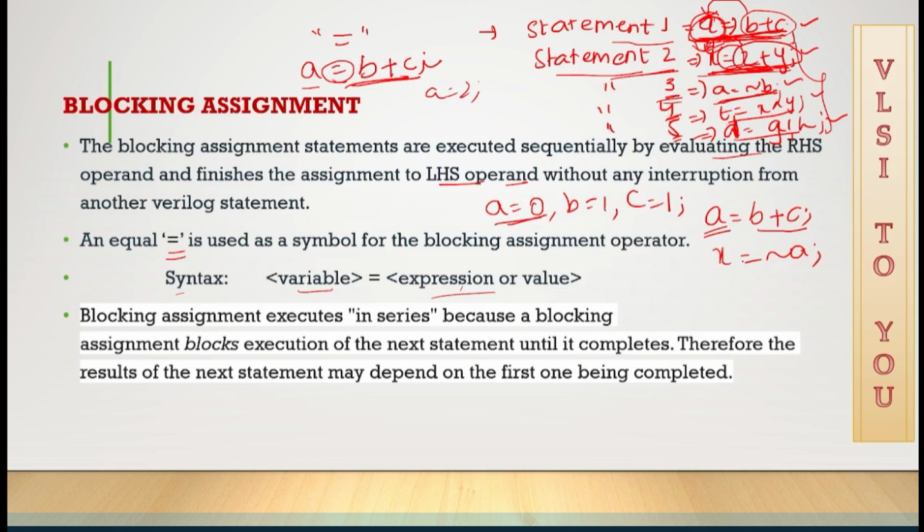But since I have given the blocking statement, the A value is not 0, but the value that comes from B plus C execution. That means 1 plus 1, which is 2. So the value of A is 2. Now x equal to negation of A means it should negate the value of 2, not 0.